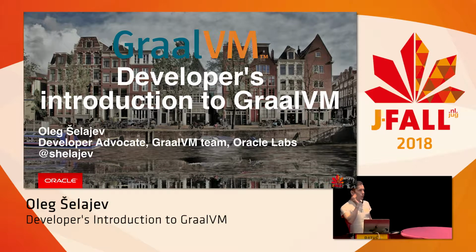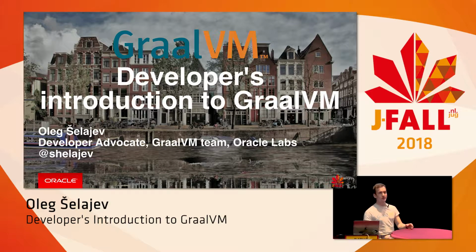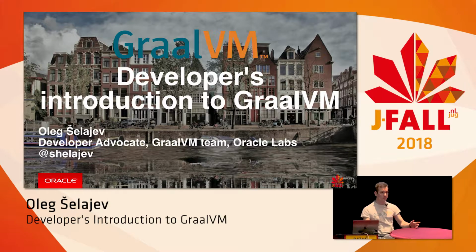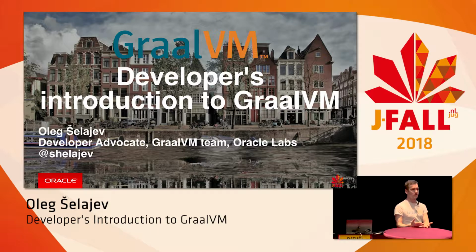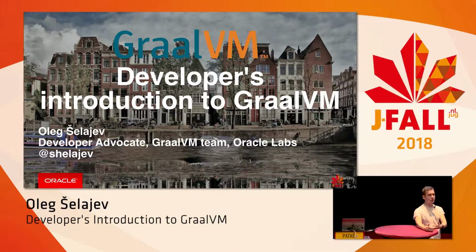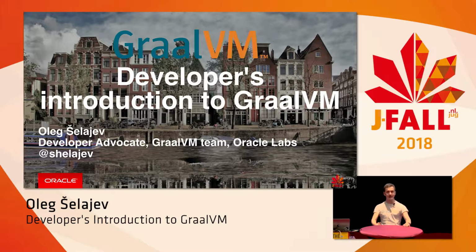So Oracle Labs, if you don't know, is a research and development institution department within Oracle. So its main focus is to do proper academic science work, right? To push forward the boundaries of what we know as humanity about computer science, about software engineering, about how we can do computation, how we can do that more efficiently, better, faster, easier.